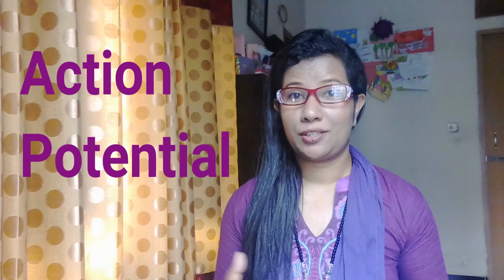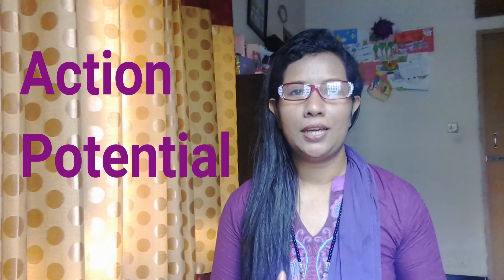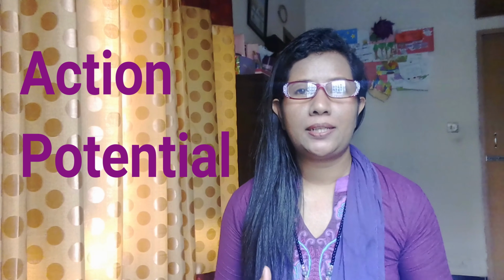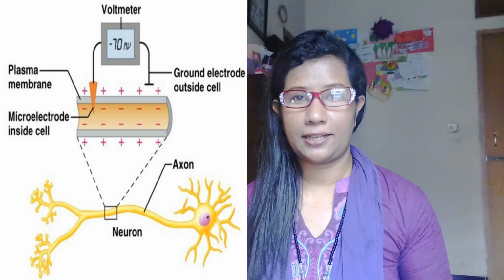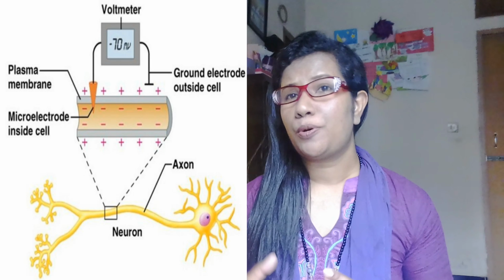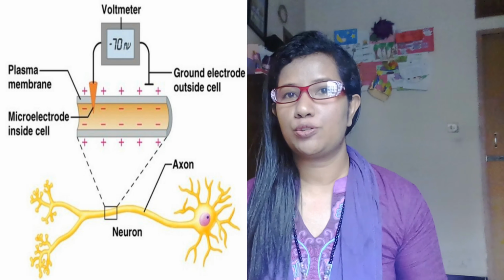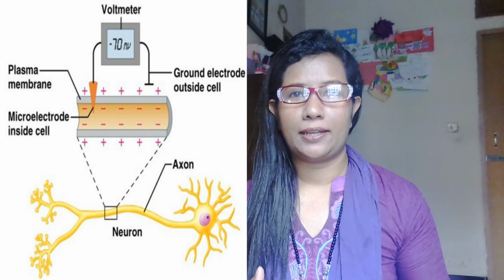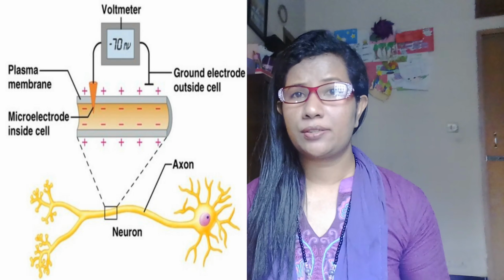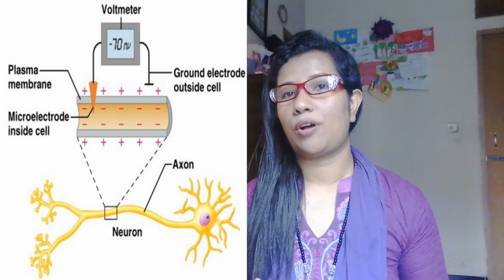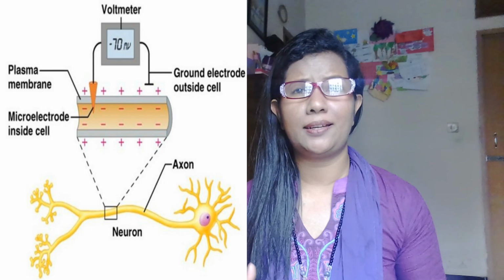Action potential, this is the topic I'm going to talk about. With a small addition to the apparatus shown here, you can see the diagram, it's possible to stimulate the axon with a very brief and small electric current. If the axon is stimulated in this way, the steady trace on the computer screen suddenly changes.